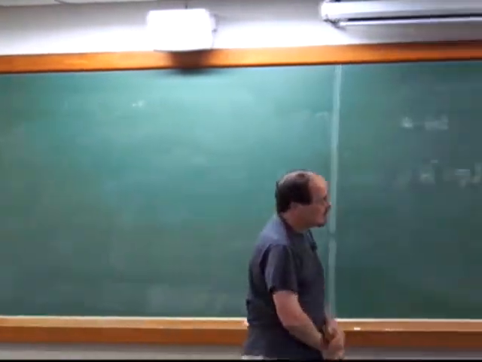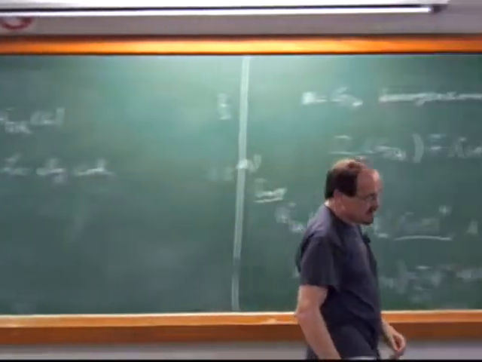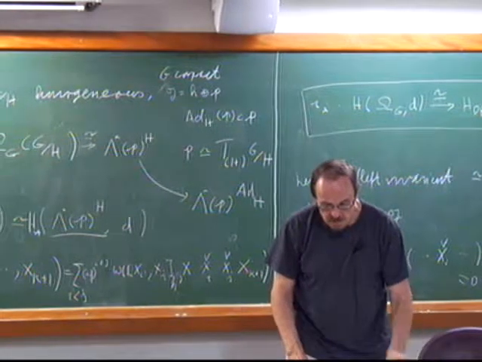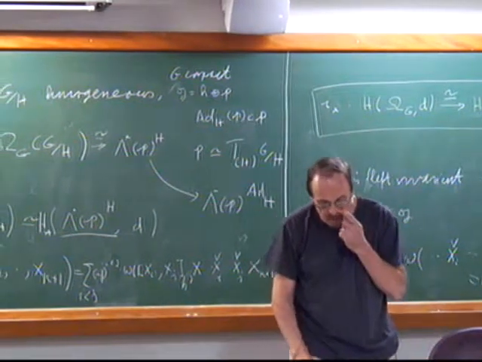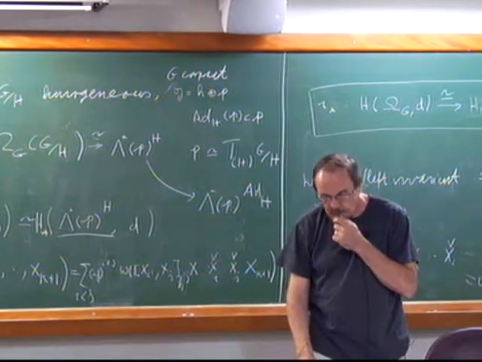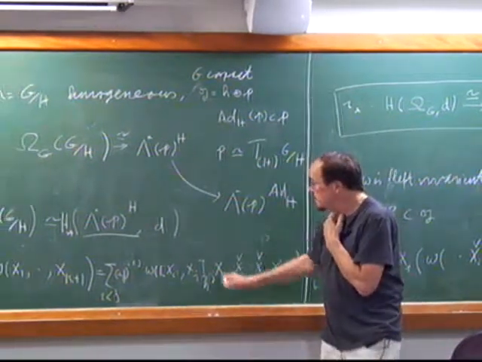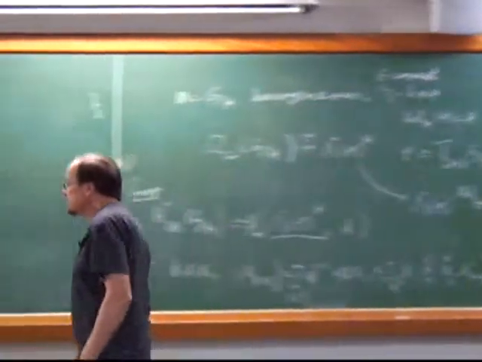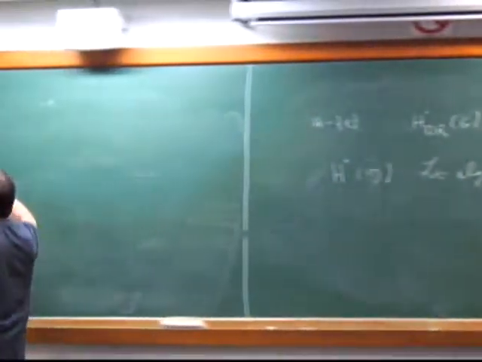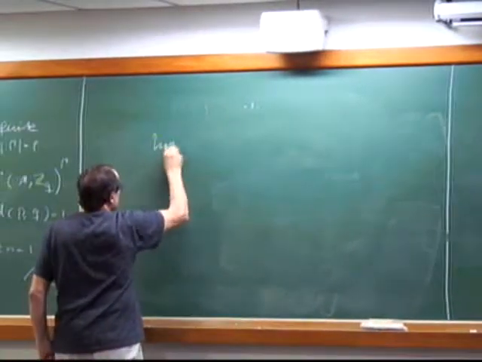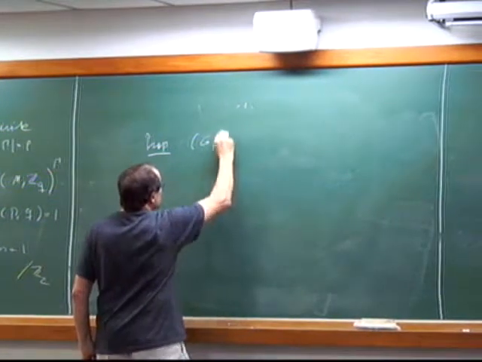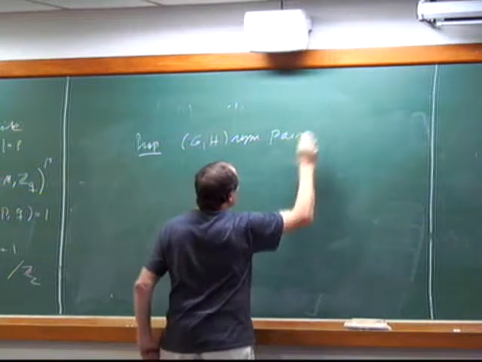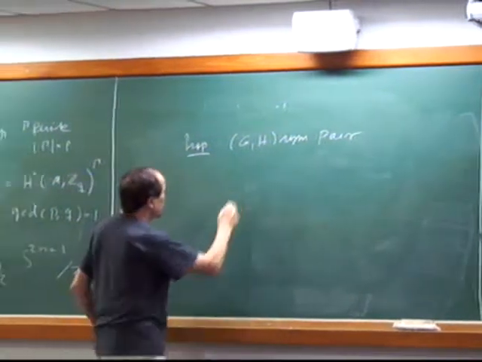Okay, let's see. Now let's apply it to symmetric spaces, I think. I'll do one application of this later on, but right now let's apply it to symmetric spaces. So let's take a symmetric pair. I have this general setup of a symmetric pair.